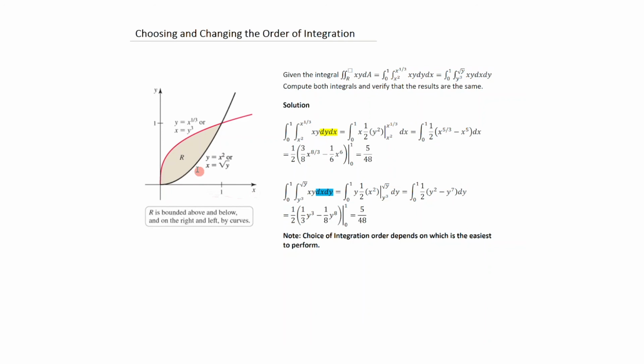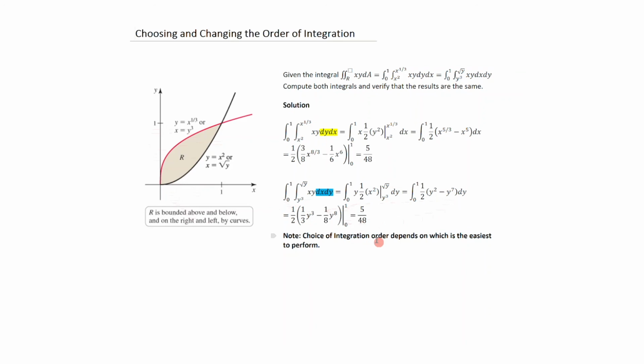Because it's larger in the x value. And this being the lower one, because it's lower than this one if you look at it in terms of the x direction. In terms of the range on y, 0 to 1. And so if you compute this, you'll also get 5 over 48.